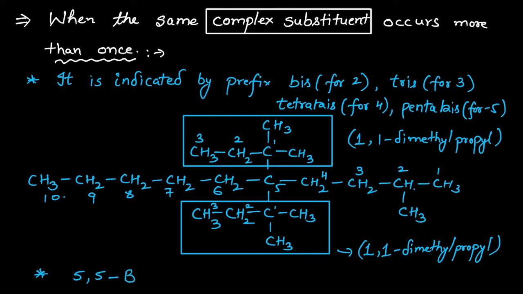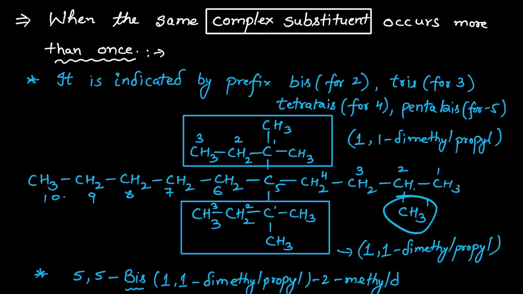So the name will be 5,5 because it is occurring 2 times, bis(1,1 dimethyl propyl)-2-methyl decane, as the longest carbon chain is basically of 10 carbons. So methyl is present at the second carbon, so we have named it as 2-methyl decane.